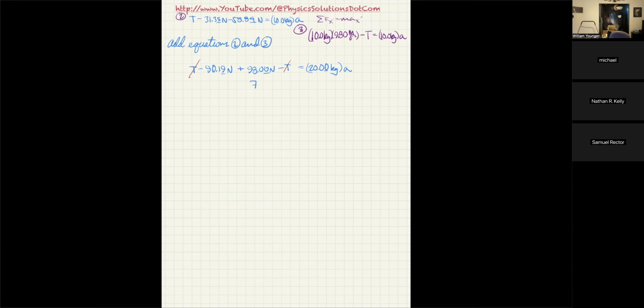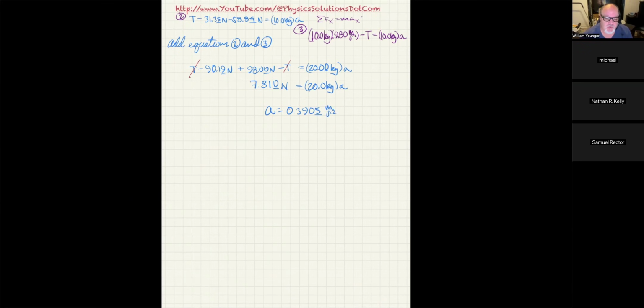So 7.810 newtons is equal to 20.0 kilograms times a. So a is equal to 0.3905 meters per second squared.